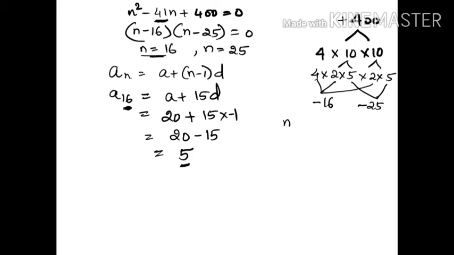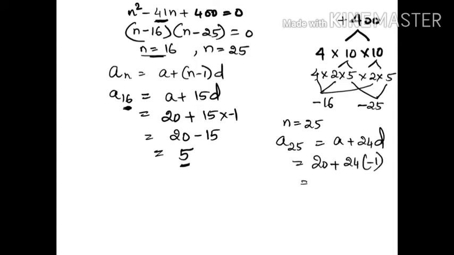Let's try by taking n equal to 25 and find the nth term. So a25 will be a plus 24d, which is equal to 20 plus 24 into minus 1, which gives us minus 4.